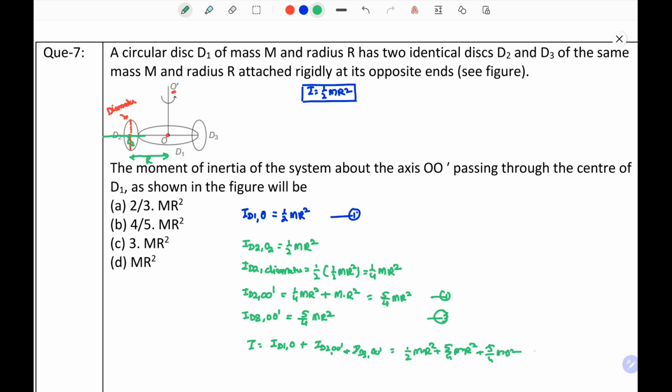That is equal to 1 by 2 mr square plus 5 by 2 mr square, which is 6 by 2 mr square, or we can write it as 3 mr square. Hence option C is the correct option.